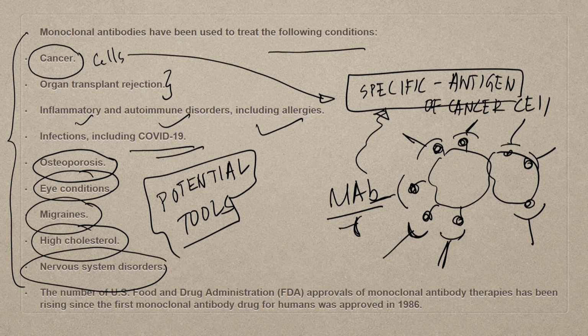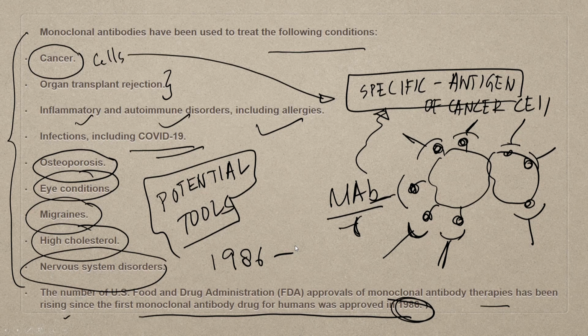And if you look at the number of US Food and Drug Administration approvals, the approval of monoclonal antibody therapies has been rising since the first monoclonal antibody which was approved in the year 1986. So, the technology was running much prior to that, almost 20, 30 years prior to that. So, 1986 to 96, 2006, 2016, and now we are almost at 2024.